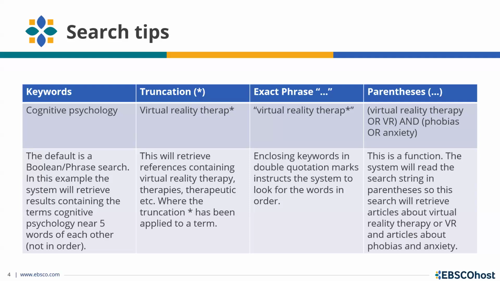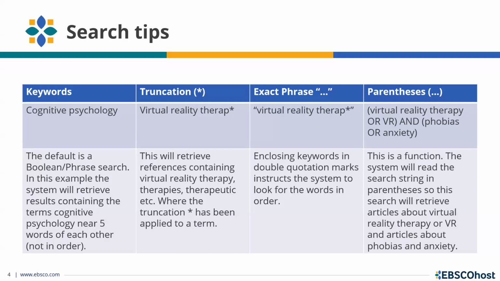You can also truncate a word using the asterisk, and the system will try to retrieve different variations of that word. For example, if you truncate therapy after the P, it's going to retrieve therapy, therapies, therapeutic, and so on.